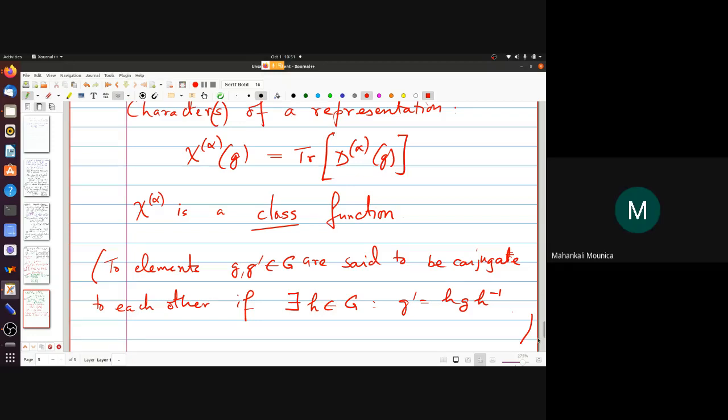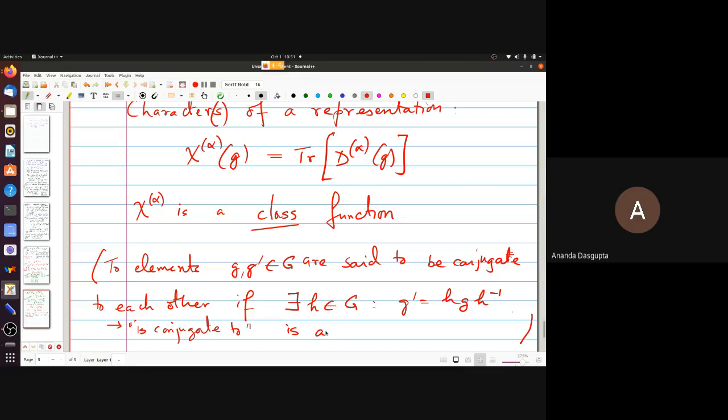Yes? Equivalence classes, right? Yeah, but this is okay, this is the conjugacy relationship. Then you show that this thing, to be conjugate to, is an equivalence relation. Right? That's easy to show. Is conjugate to is a relation.